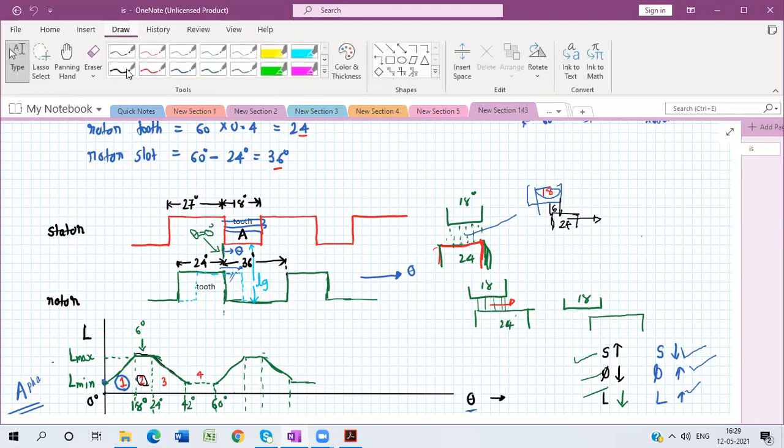For example, suppose here your stator pole is there, and your rotor pole is less wide. What happens? Most of the flux will be unutilized. In this portion, whatever the flux, it is unutilized.